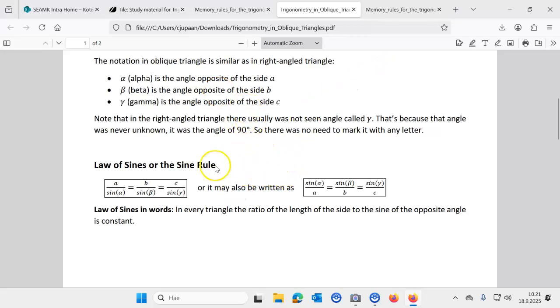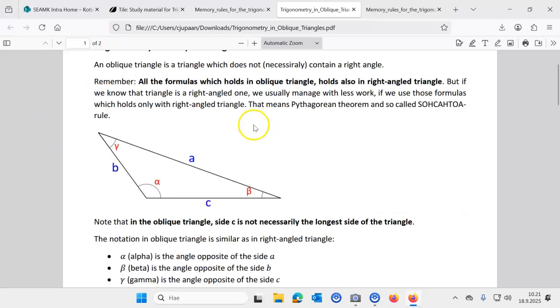And in this sine rule, if we state it in words, it means that the ratio, when you divide the length of the side by sine of the angle which is opposite of that side, for example, A divided by sine alpha or sine big A, large A, is always the constant.